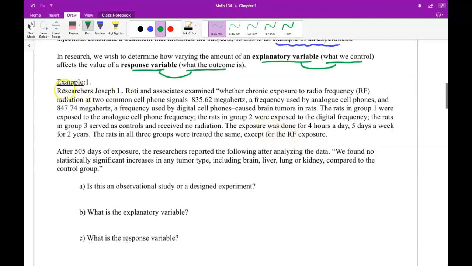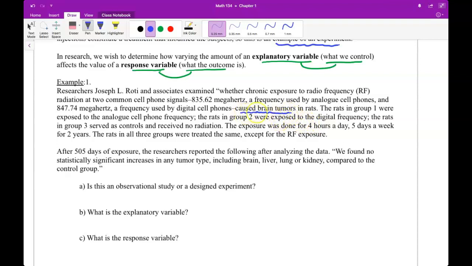Okay, example number 1. Researchers examined whether radio frequency radiation at the frequency used by digital cell phones causes brain tumors in rats. So this is our outcome.